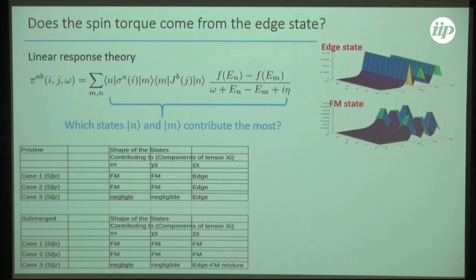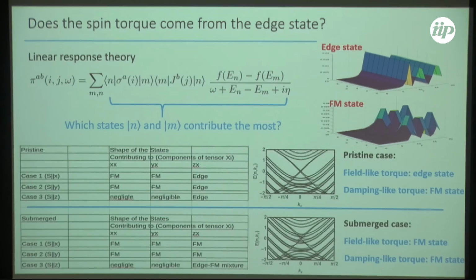Using this logic, and since we have both the pristine case and the submerged case, and you can have magnetization pointing along x, along y, and along z, considering all these possibilities together, we conclude that in the pristine case, where the Dirac cone survives the ferromagnetic bands, the field-like torque is actually coming from the edge state, while the damping-like torque is mainly attributed to the ferromagnetic states.